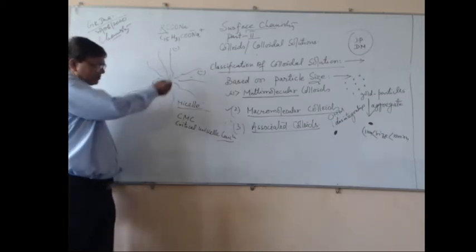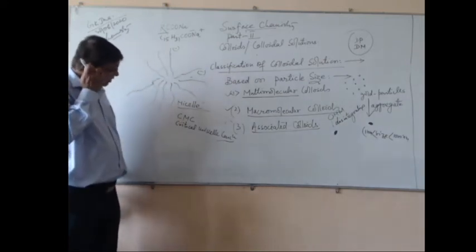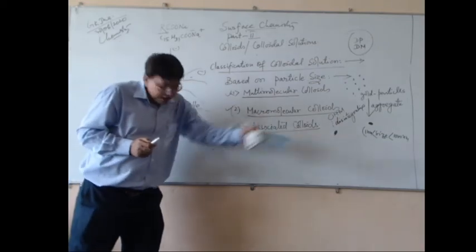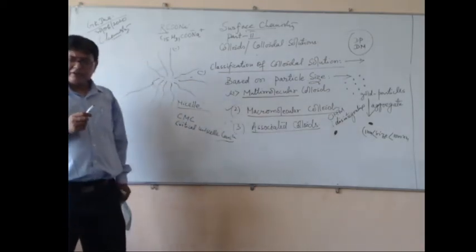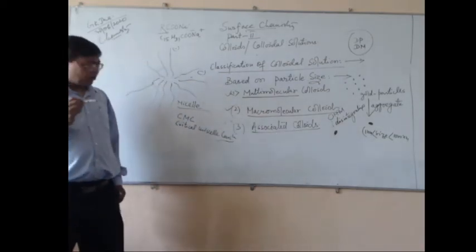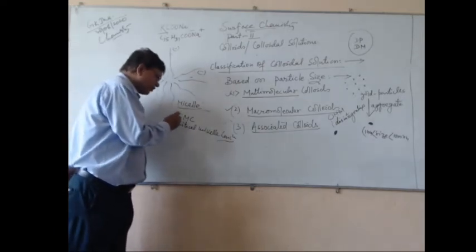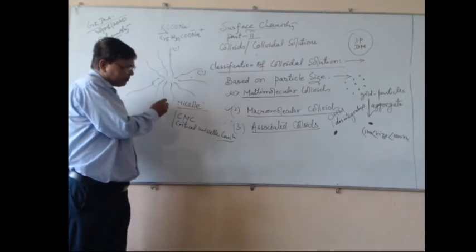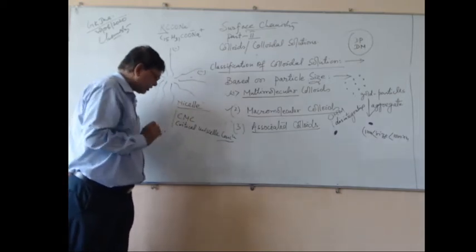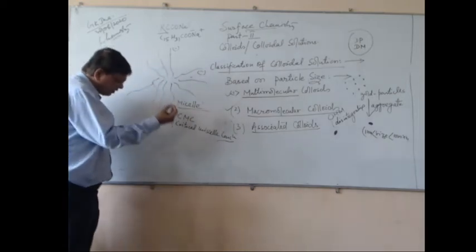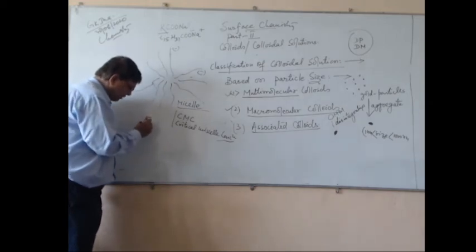The size of such micelle is within the colloidal range. So above a particular concentration only will micelle formation take place, and beyond a particular temperature, that is Kraft temperature.